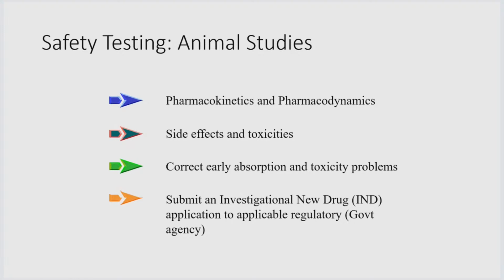In Europe, it may be the EMA. In India, it is the DCGI. They submit their application saying, look, this is the data we have. Now please give us permission to test this molecule in humans, right? After so much work, they start with the human trials.